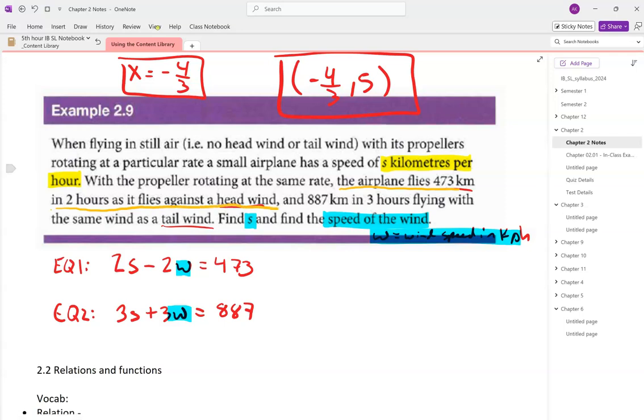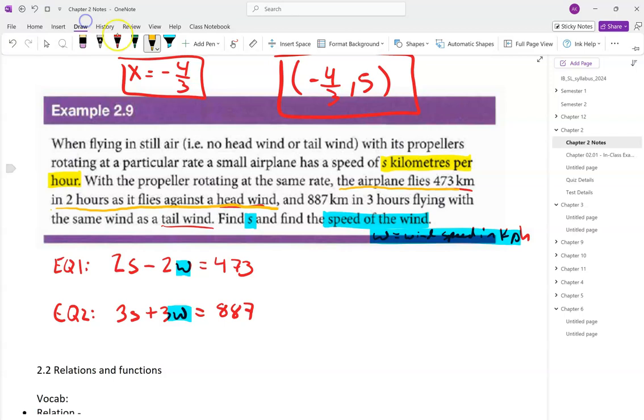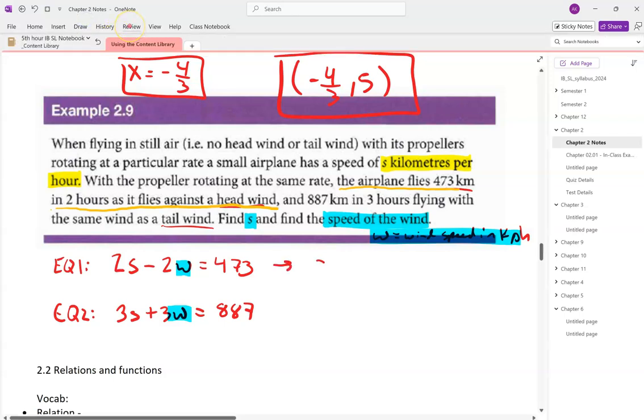So the airplane's propellers are going for 2 hours, but the headwind's blowing against them for 2 hours. Alternatively, you could think about it as 2 times S minus W and 3 times S plus W, where the wind speed is just affecting the propeller rather than as a distance, but it doesn't matter. Either way, you're going to get to the same spot. Does that feel okay? Yeah.